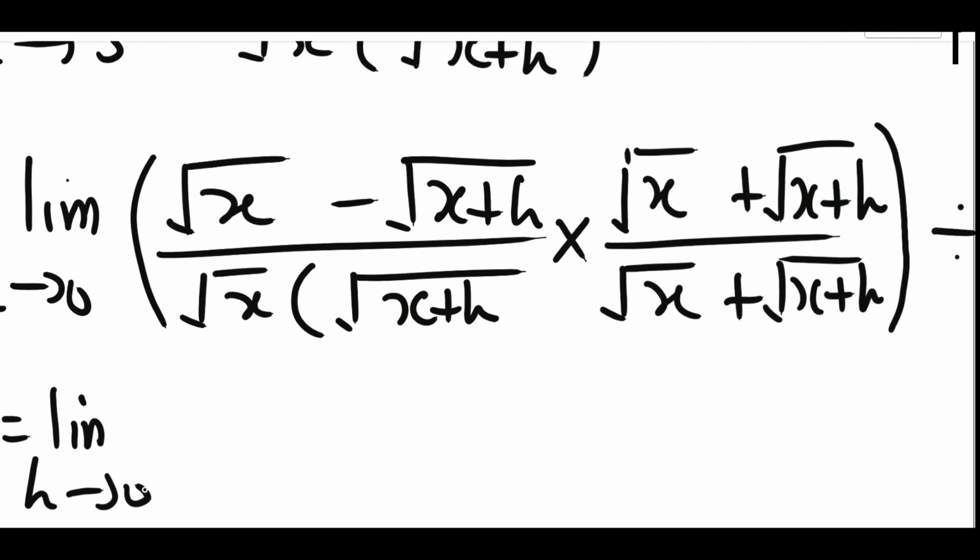So you can say that the expression, the numerator, square root of x minus square root of x plus h, multiplying square root of x plus square root of x plus h. We can apply the concept of difference of two squares.